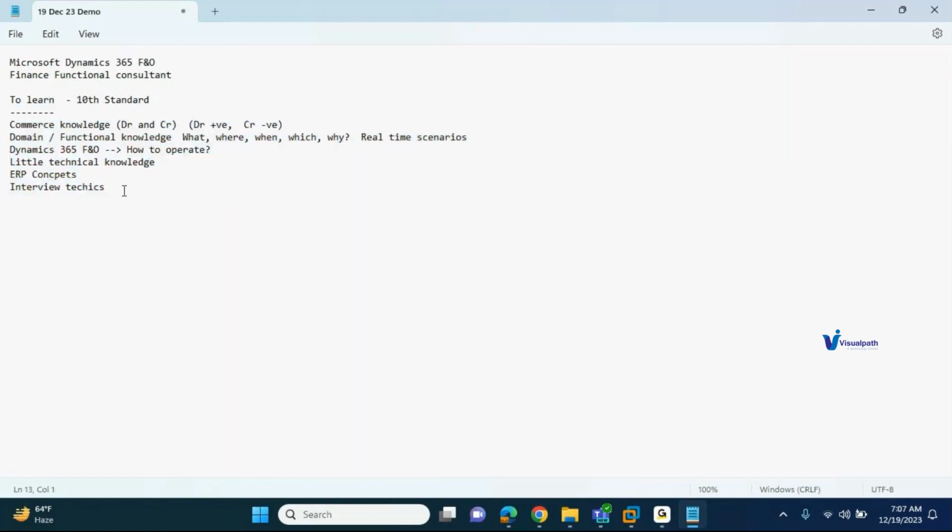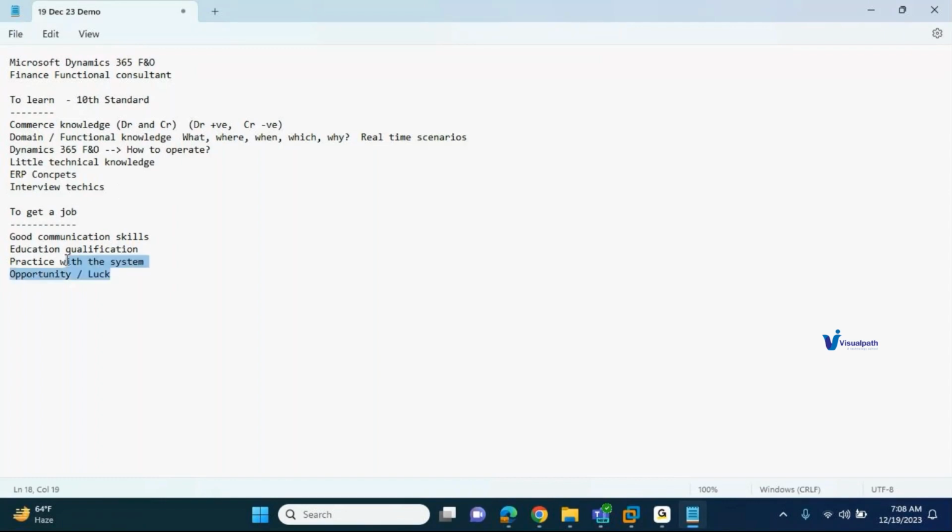Now, if I want to get a job, then along with this, you need to have the following skills. One is good communication skills, education qualification, then practice with the system, and opportunity in the market.